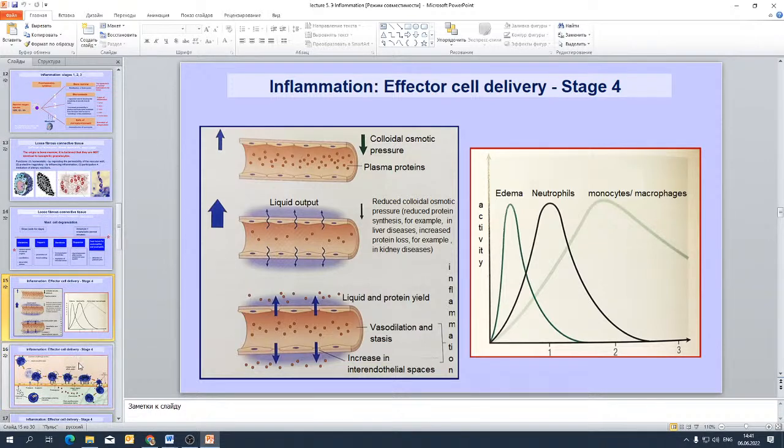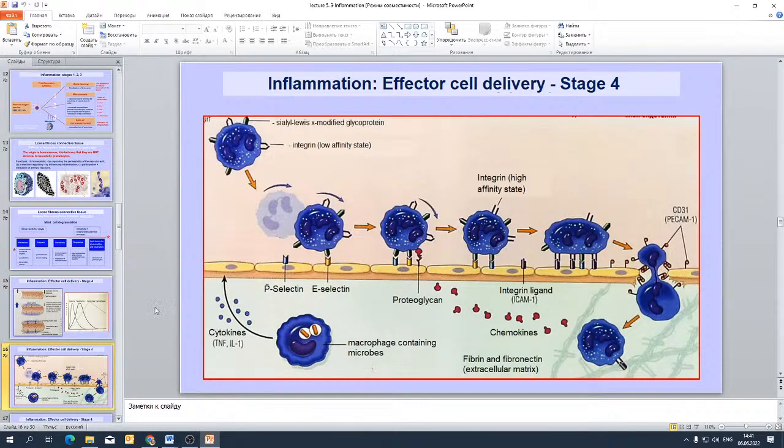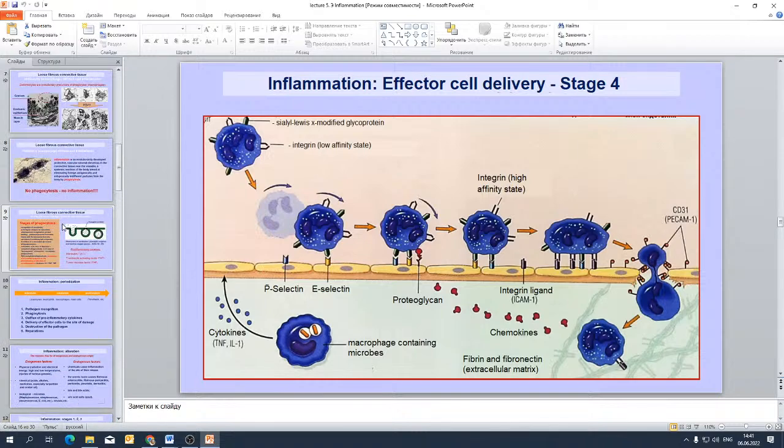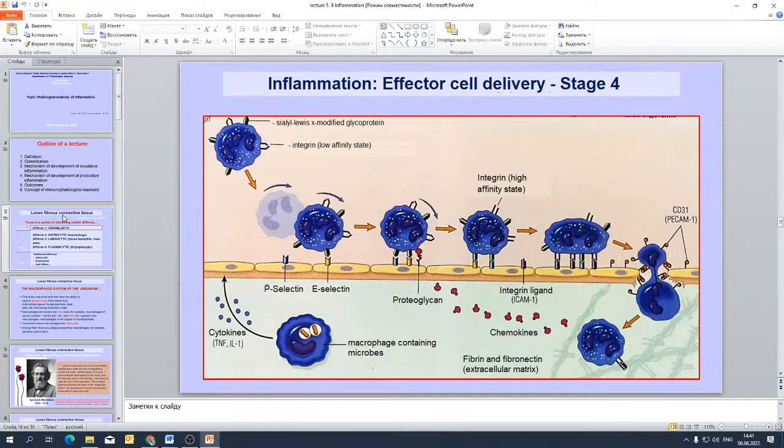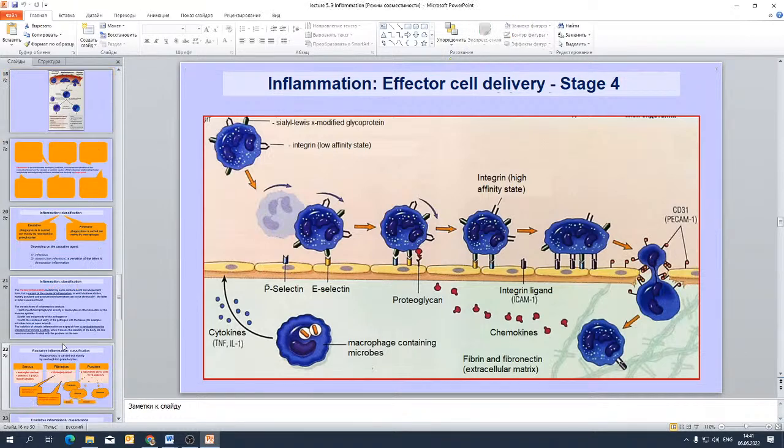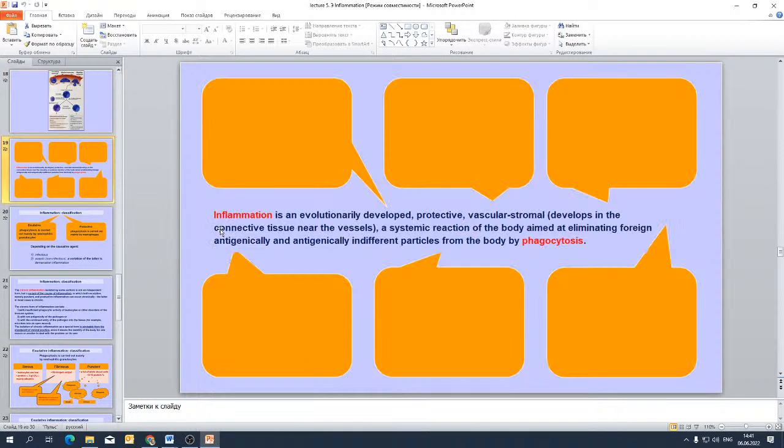Then I'm showing the next picture, about inflammation. Now you remember inflammation is an evolutionary protection.